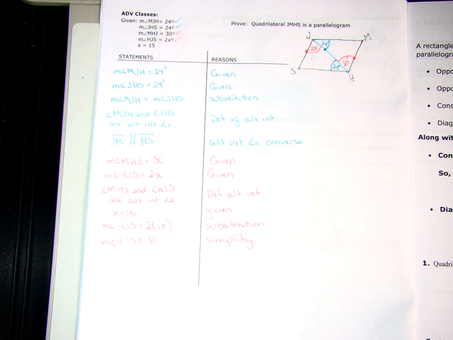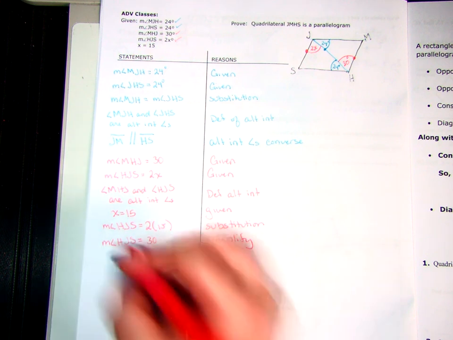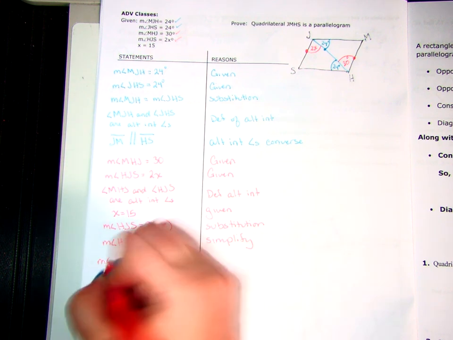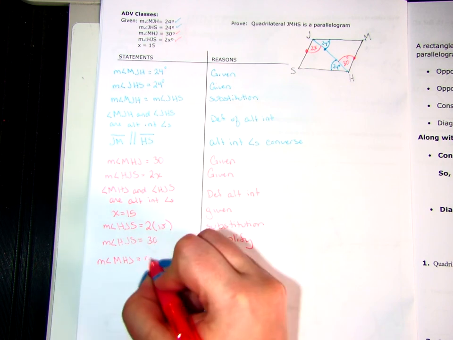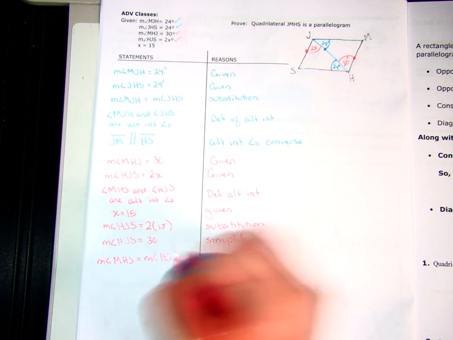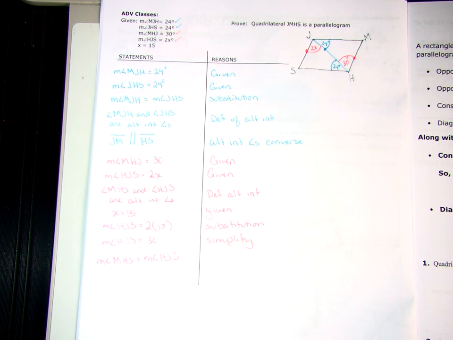So now what? Set them equal to each other. Measure of angle MHJ is 30, and so is the measure of angle HJS. So if they're both equal to 30, then they're equal to each other by substitution.